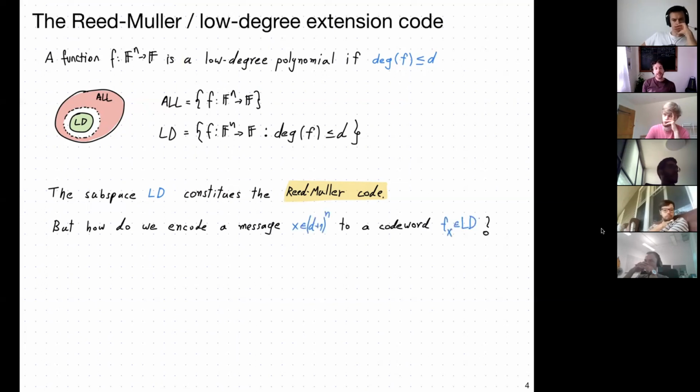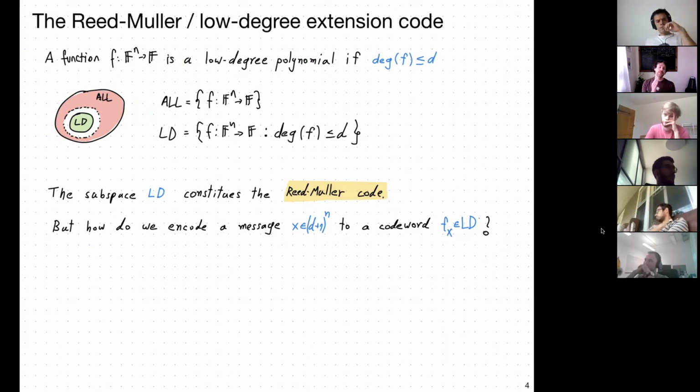But this doesn't really tell us how we can take a message of, let's say, n elements, and encode it into a polynomial. We had the same thing yesterday with the Hadamard code, where we started with some message and encoded it by taking the inner product. Now we want to do something with respect to polynomials.